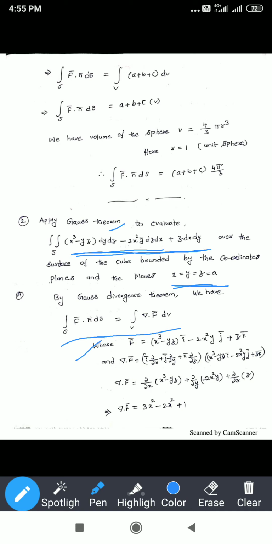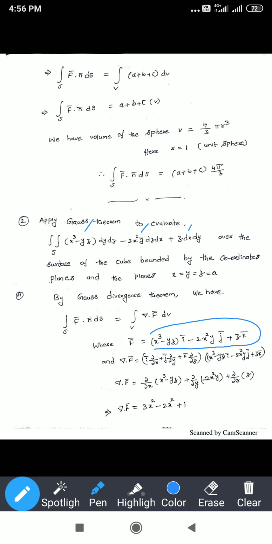See, this is the first scalar, x cube minus yz. This is the second scalar and this is the third scalar. Write the scalars in combination, then we get the vector.